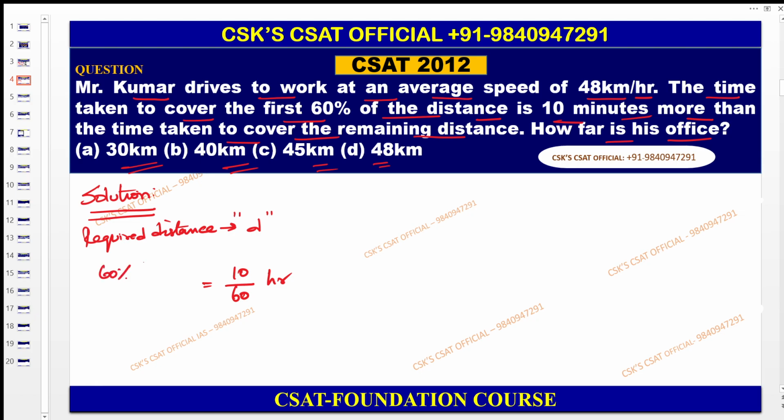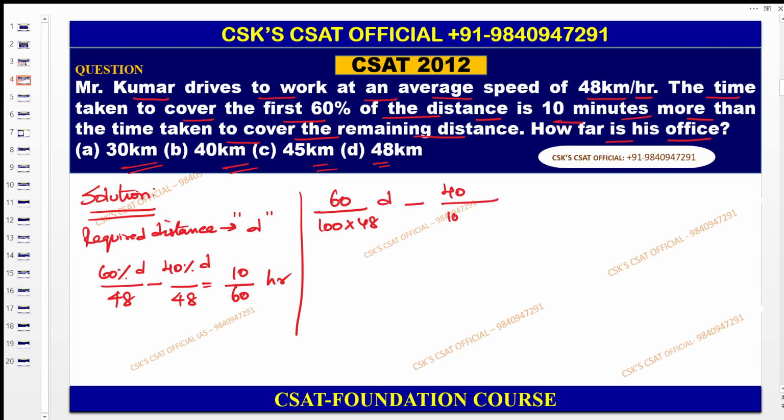60% of the distance with the speed 48, then 40% of the distance by 48. Then 60 by 100 into 48 of d minus 40 by 100 into 48 of d, which is equal to 10 by 60.